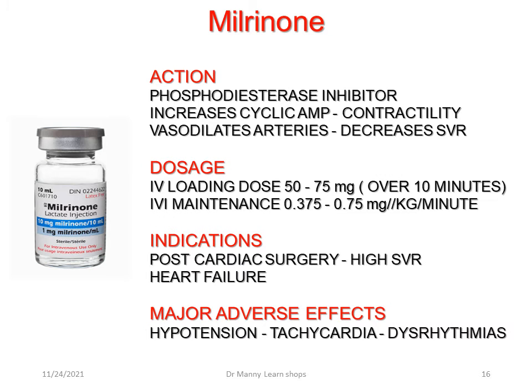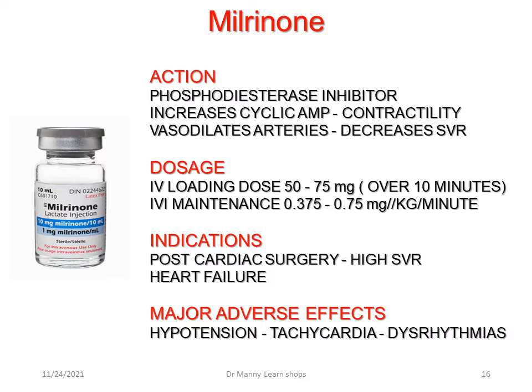Then you have milrinone. Milrinone is a phosphodiesterase inhibitor, and it increases cyclic AMP which increases contractility. It also vasodilates arteries, therefore decreasing your systemic vascular resistance. The loading dose is typically 50 to 75 milligrams over 10 minutes, and the maintenance is 0.375 to 0.75 milligrams per kilogram per minute.